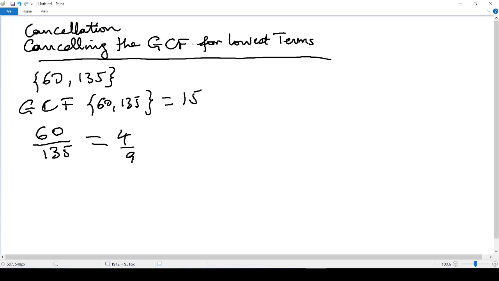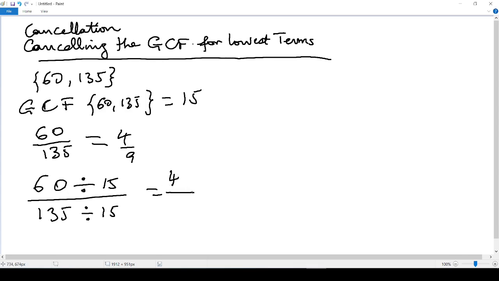Exactly what we did was divide 60 by our GCF, which is 15, over 135 divided by our GCF, which is 15. We use the same GCF. If we divide 60 by 15, we have 4. And if we divide 135 by 15, we have 9. And this one, we cannot reduce.